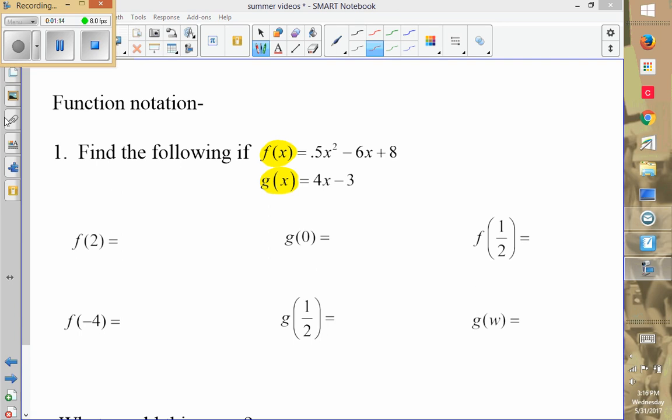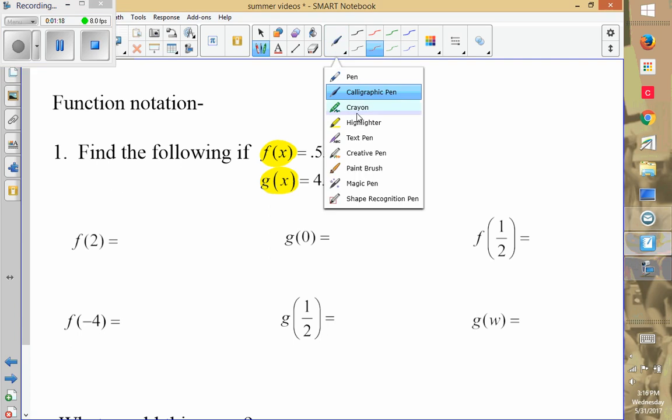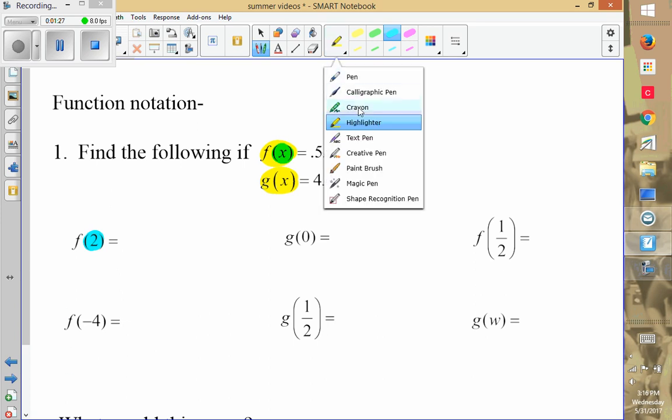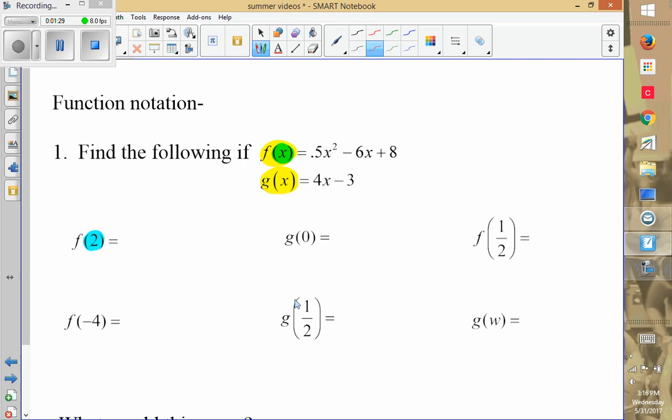If I were to take a look at the first problem I have on here, it says f of 2. If you look at what you have, a 2 right where the x normally would take place. So what this equation is saying is let's put 2 into the function f in for x and find out what we get.